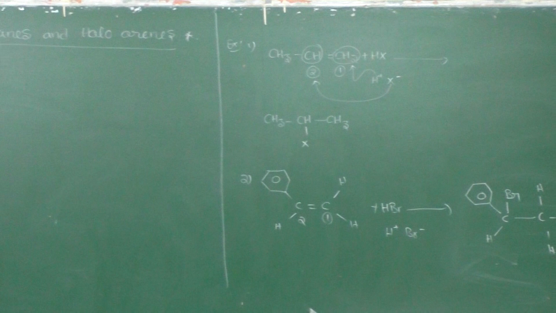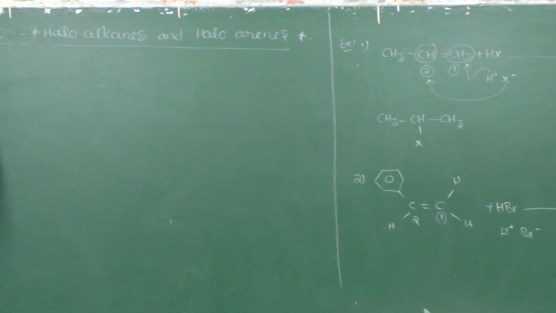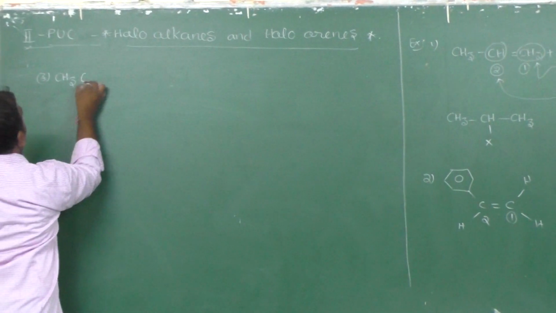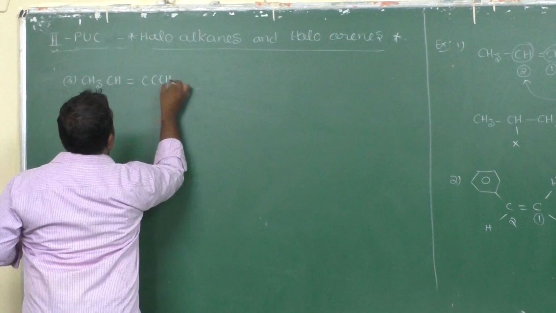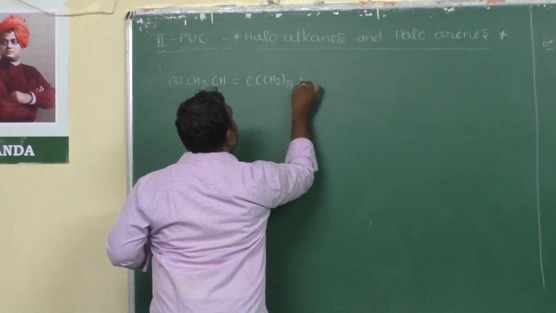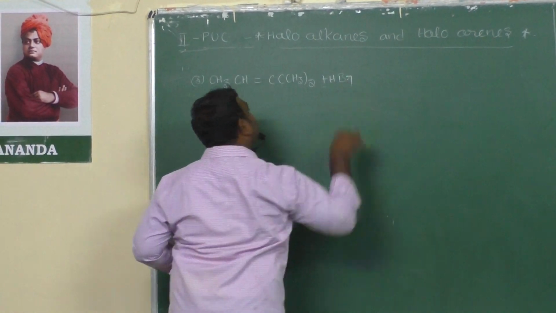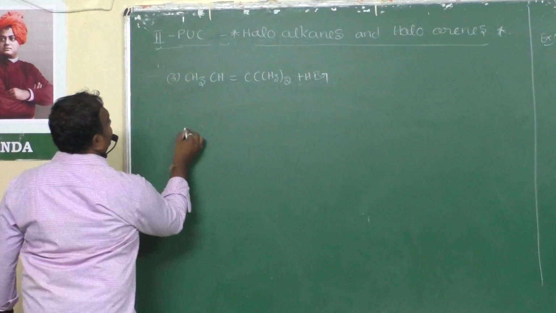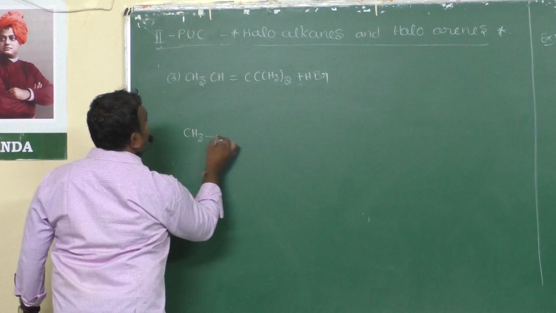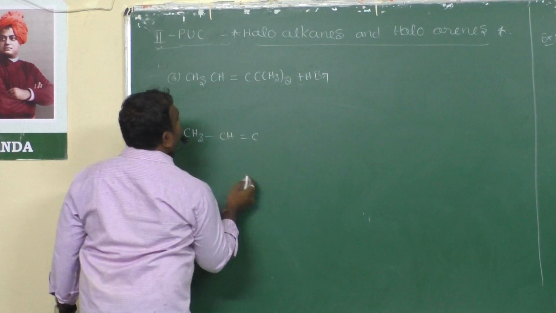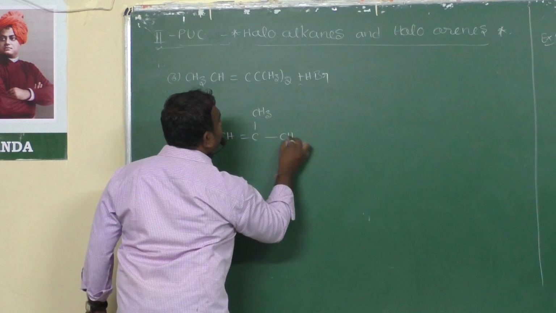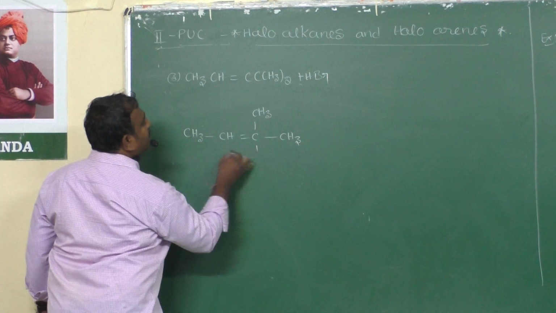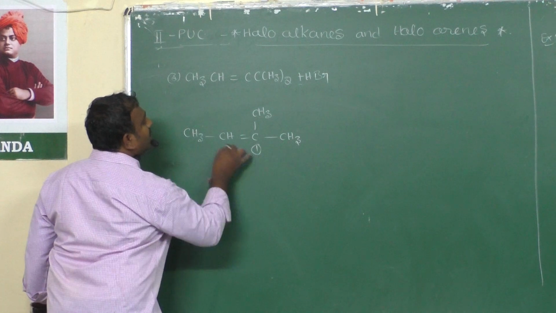And another example, CH3, CH double bond C, CH3 twice plus HBr. First write its structure. It can be represented as CH3, CH, C, CH3 twice, meaning on this double bonded carbon two methyl groups are present.